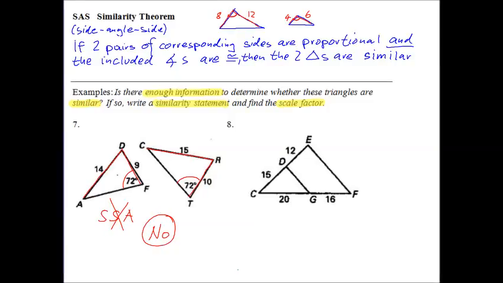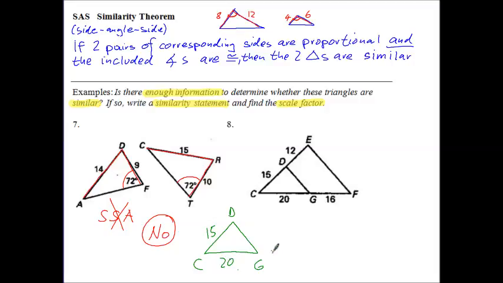So let's look at the two triangles in example 8. Here again we have them both overlapping. So before we get started, let's draw them separately so we can sort out the side lengths and all the information we have. We got the smaller triangle CDG, and it had side lengths of 15 and 20.